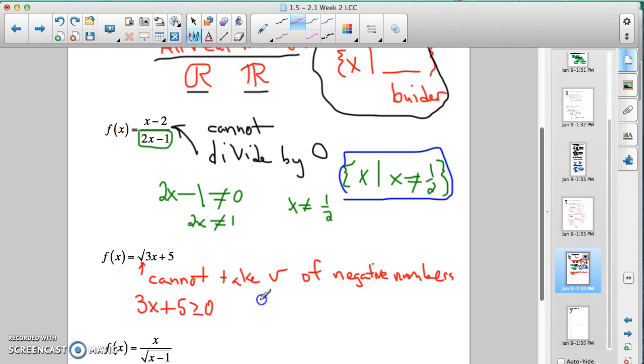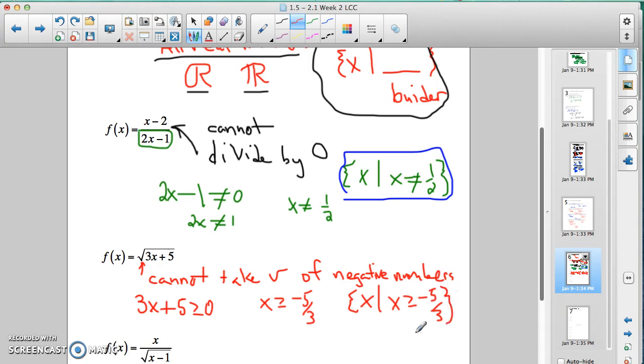And if we do that, you should get x is greater than or equal to negative 5/3. So writing it in set builder notation again would be a set of all x's such that x is greater than or equal to negative 5/3 is our domain for this problem.